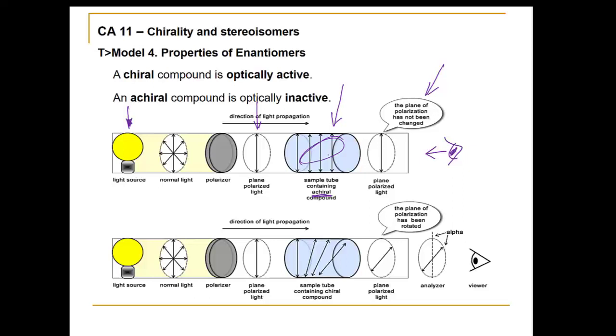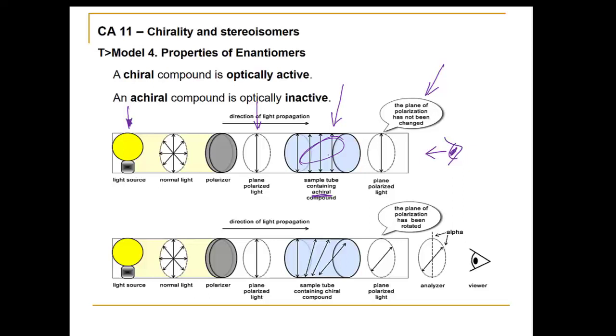By contrast, if we prepare a solution of an optically active compound, and many of our carbohydrates are optically active, our amino acids are optically active, so we make a solution of this and then we pass through plane polarized light. As it turns out, one enantiomer will rotate plane polarized light to a certain degree in a certain direction. And as you might imagine, the other enantiomer rotates plane polarized light to the same magnitude, but in the opposite direction.